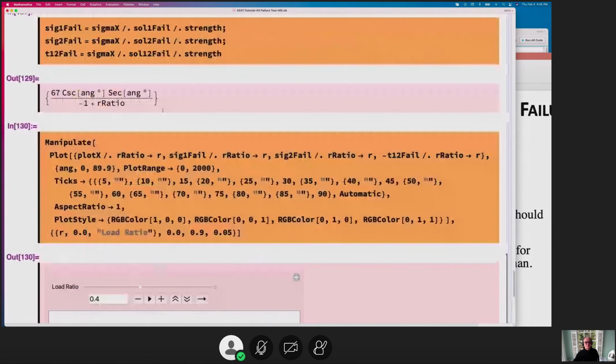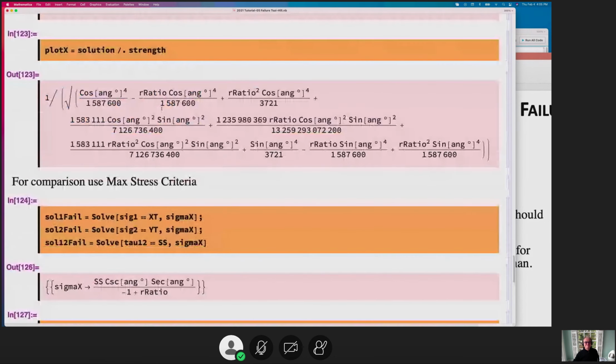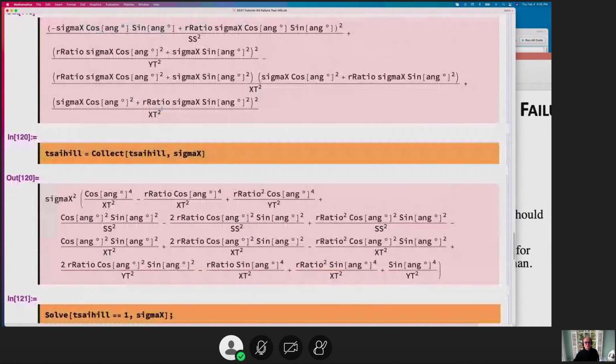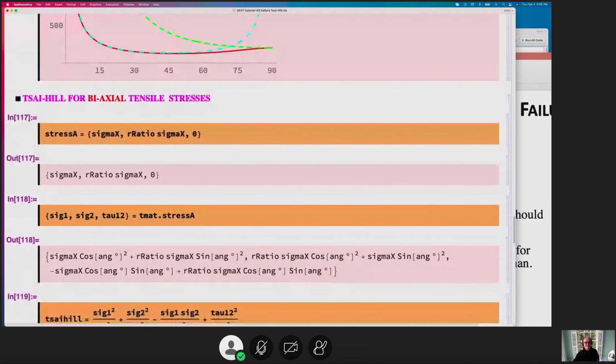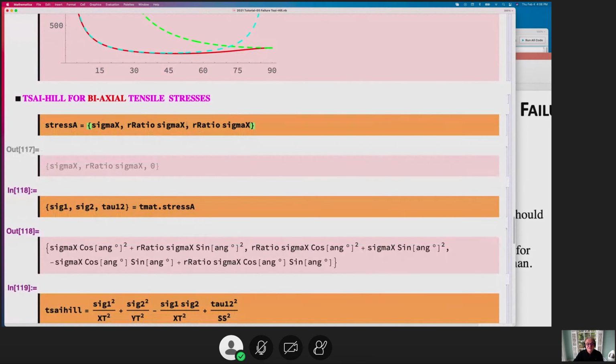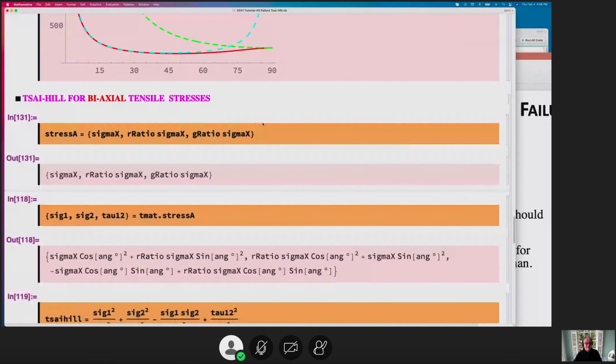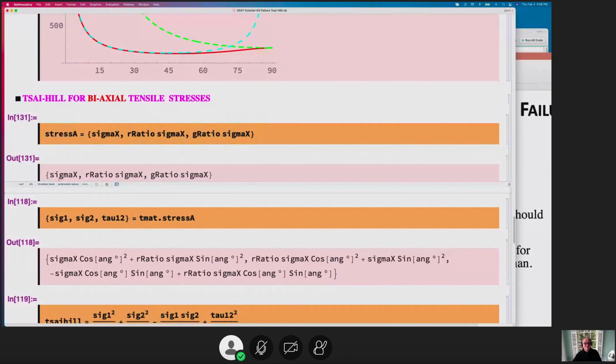You could have also provided a beta value, just like in your homework assignment. So we'll make this thing, instead of alpha, this R ratio, I can call this, I don't know, a G ratio. So this is beta. And do my stresses in terms of sigma x, alpha times sigma x, beta times sigma x.